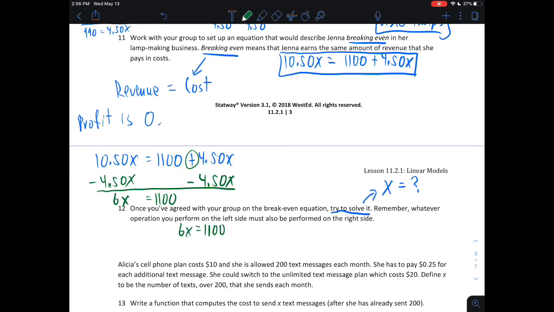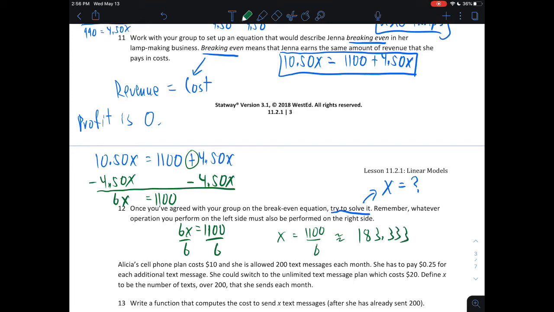And then what would I do next? Since 6 is being attached to x by multiplication, I have to do the opposite of that, which is division. So x is just 1100 divided by 6. And if you use a calculator for that, 1100 divided by 6, you get approximately 183.333 lamps.